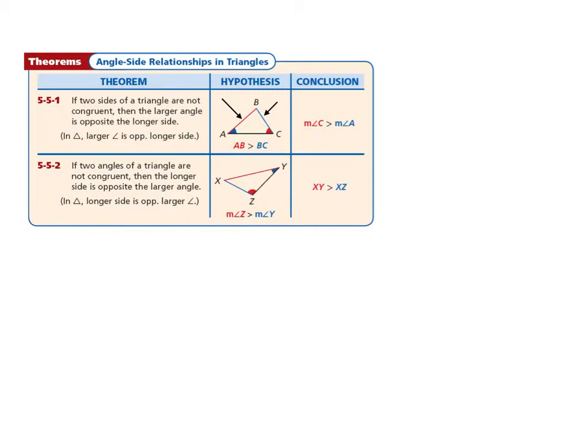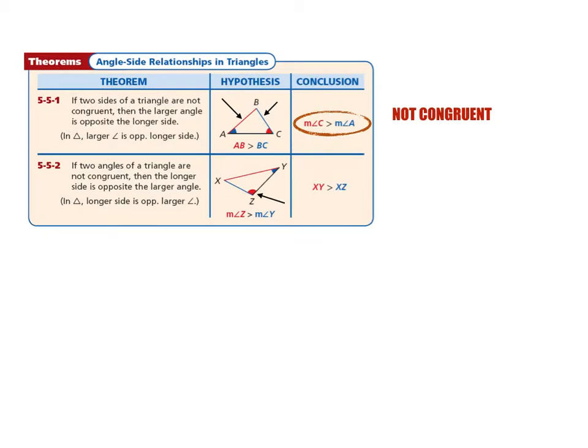If the length of AB is greater than the length of BC, then we conclude that the measure of angle C, which is opposite the longer side, is greater than the measure of angle A, which is opposite the shorter side. And again, the key is that these two side lengths are not congruent.